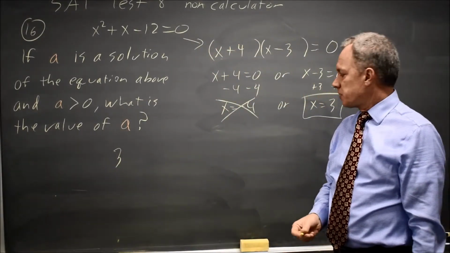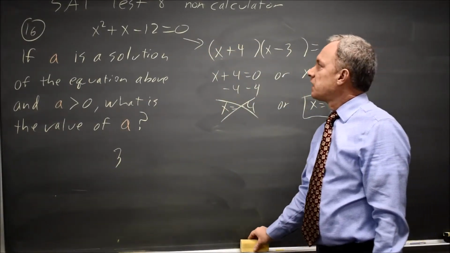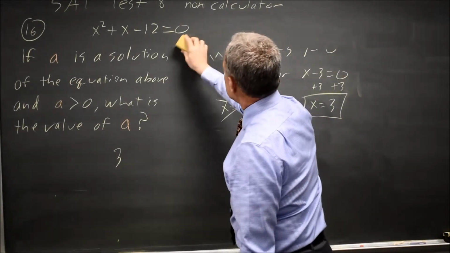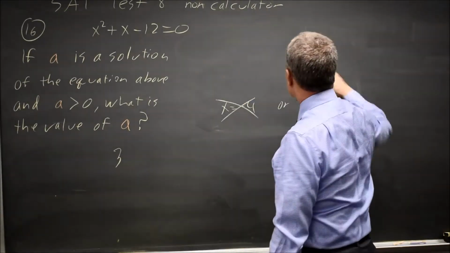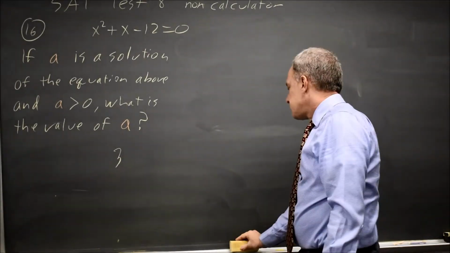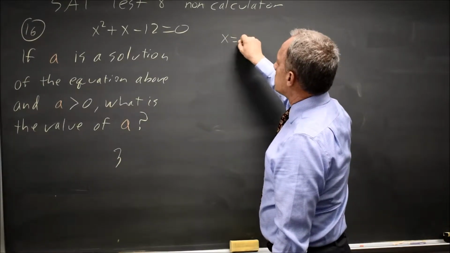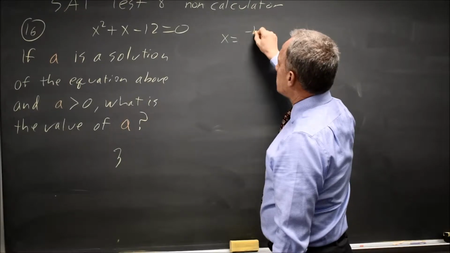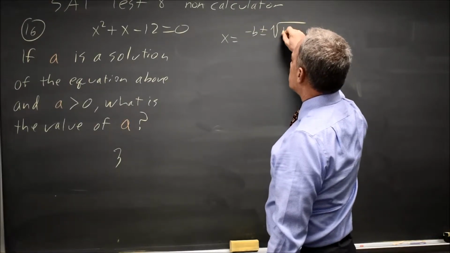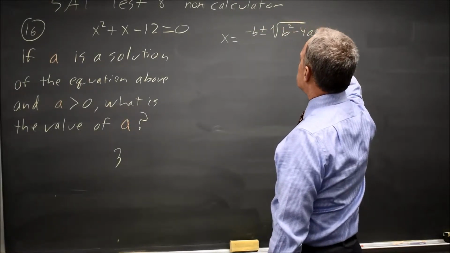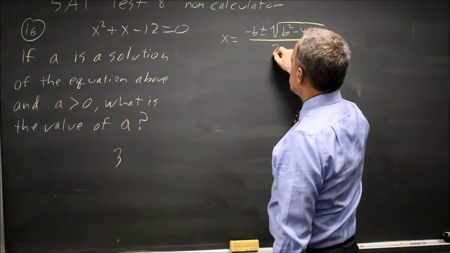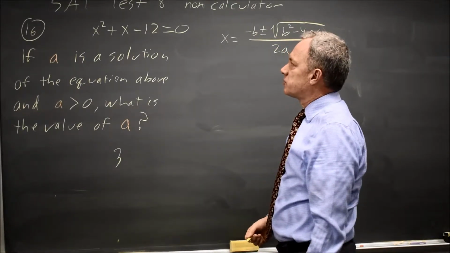Alternatively, you can solve this with the quadratic formula, and I'll go over that just as a review because the quadratic formula will be required for some SAT questions. I have x equals negative b plus or minus square root of b squared minus 4ac all over 2a. Remember, the negative b is also over 2a.